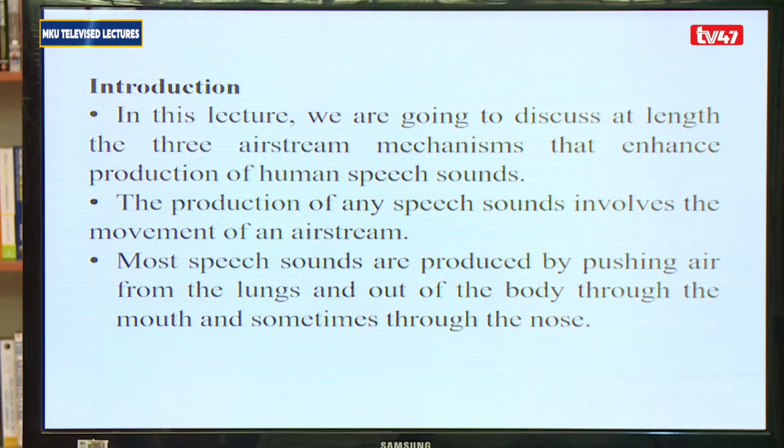Now, most speech sounds are produced by pushing air from the lungs out of the body through either the mouth or the nose. Remember, we talked about the oral cavity where the mouth is involved, and the nasal cavity where the nose is involved. There's a diagram that we looked at in our first lecture.